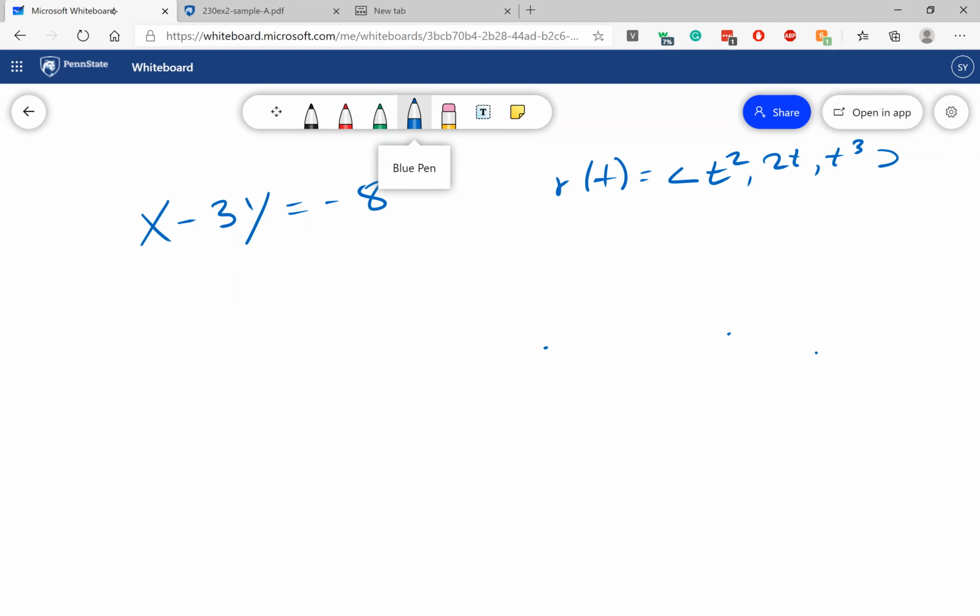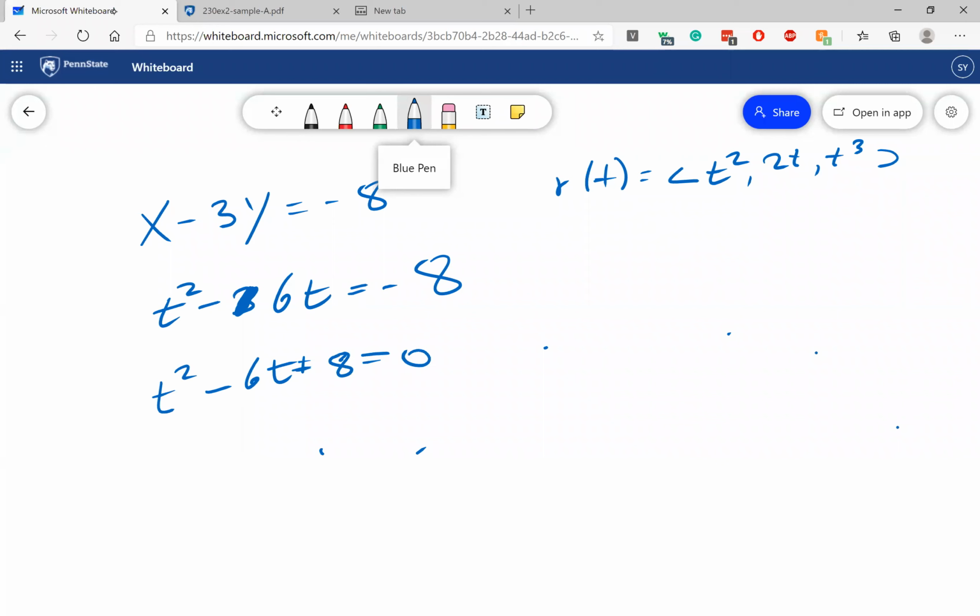So this intersects when you plug in your x coordinate and your y coordinate and solve for t, and that will tell you when they intersect. Over here we would have t squared minus 3 times 2t, so that would be minus 6t, is equal to -8. We can move that to the other side and get t squared minus 6t plus 8 is equal to 0.